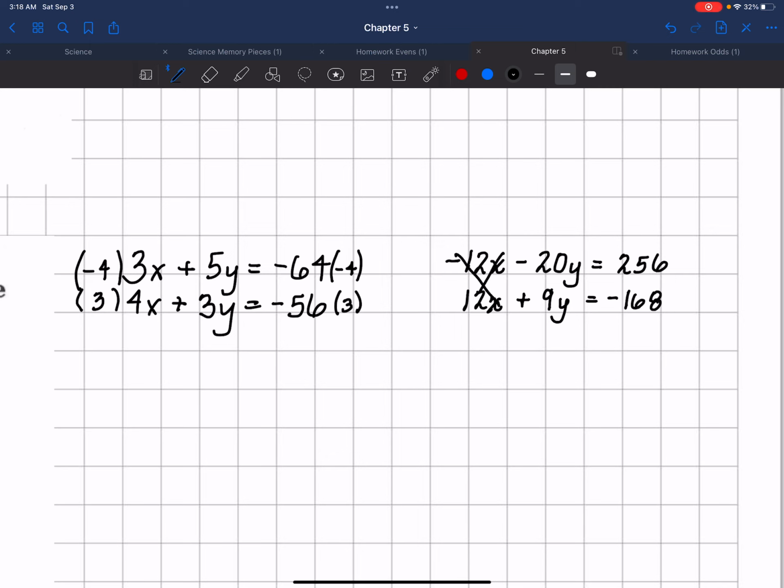So these are going to cancel. And then the y's, you would have negative 11. And over here you have a positive 88. So let's divide both sides by negative 11. And that will give us our y value of negative 8.